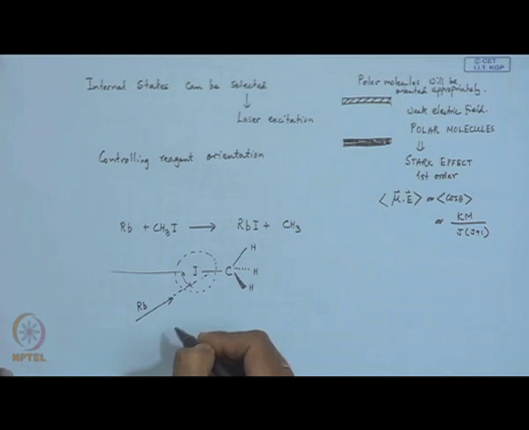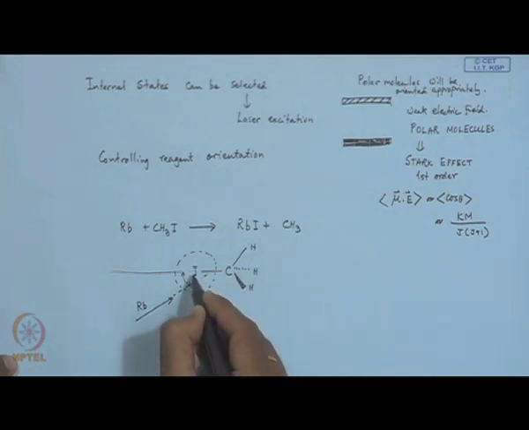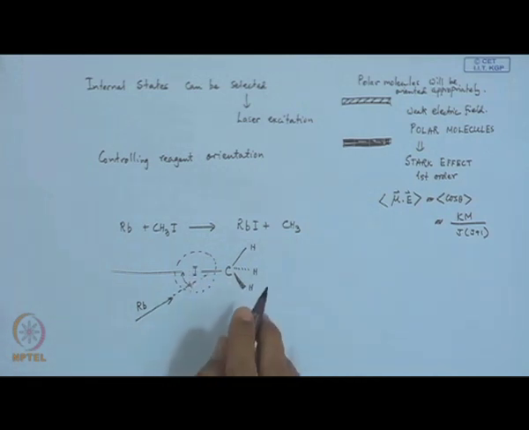Not all reactions display a strong steric effect, because if it is approaching from this side, it cannot access the iodine, so there is some steric factor. The reactions which proceed without any barrier on the potential energy surface are not generally showing strong steric effect.